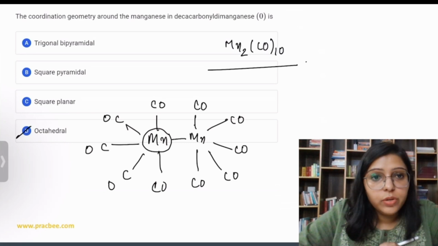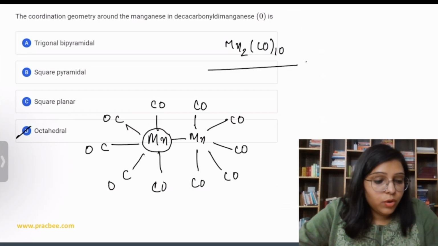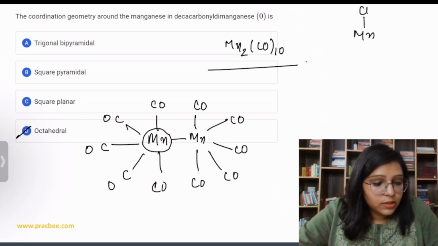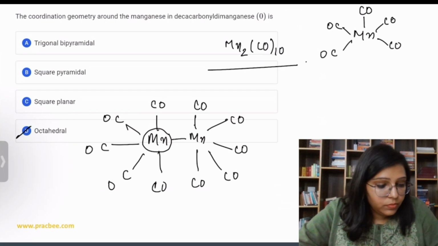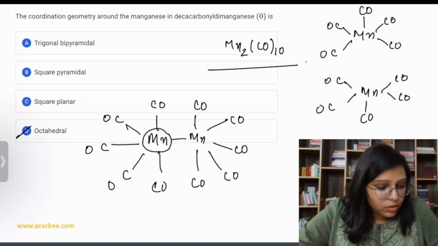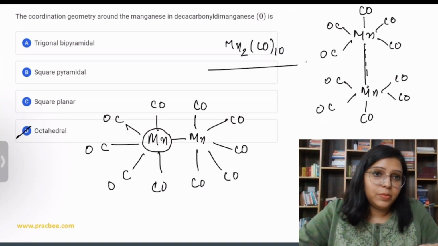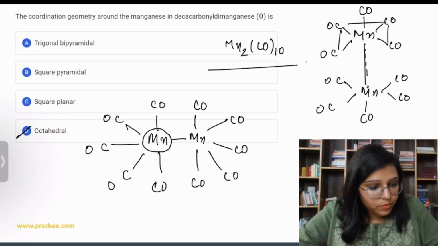And if I want to draw the octahedral, it is going to be like this: CO, CO, CO, CO, CO, and here Mn, CO, CO, CO, CO, CO, and now one metal-metal bond. So we have this octahedral geometry, right?